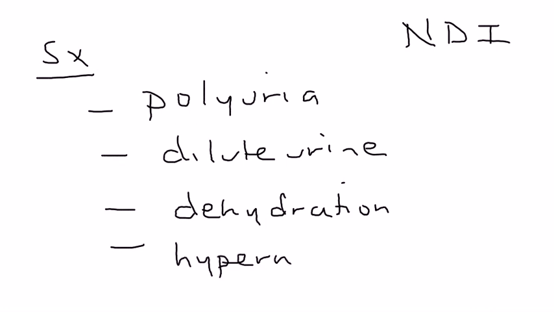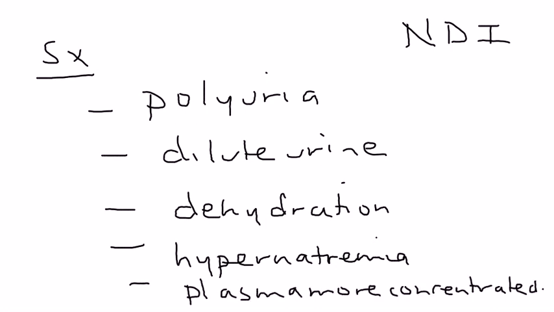What that means is that because water is not coming back into the bloodstream, blood plasma is actually more concentrated. There's less water, so the plasma is more concentrated. So the signs and symptoms are lab tests. This hypernatremia sometimes can lead to neurologic symptoms. That's important to keep in mind.